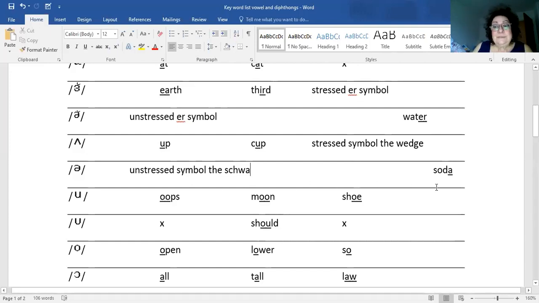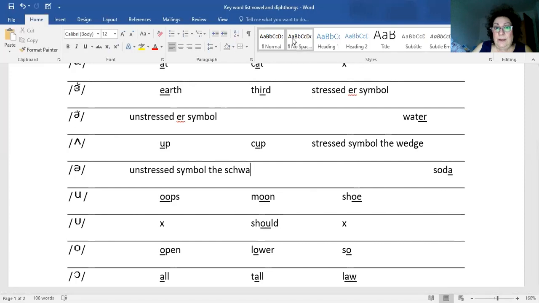So soda, again, for the unstressed, we're only going to have you understand its final position. A word like terrible, it's so unstressed. We use it in words with more than one syllable, but you need to know which symbol is the stress symbol, and that name is the wedge, and the other one is the schwa.